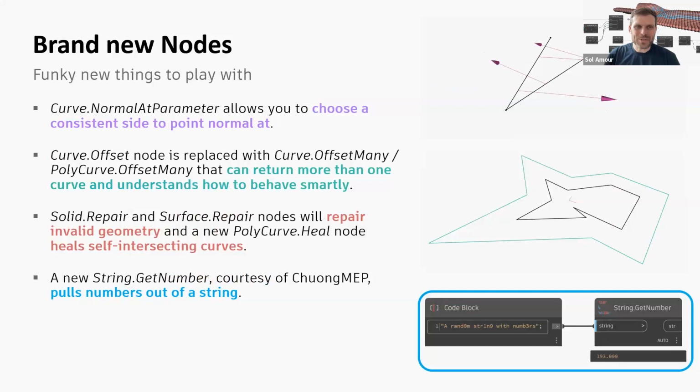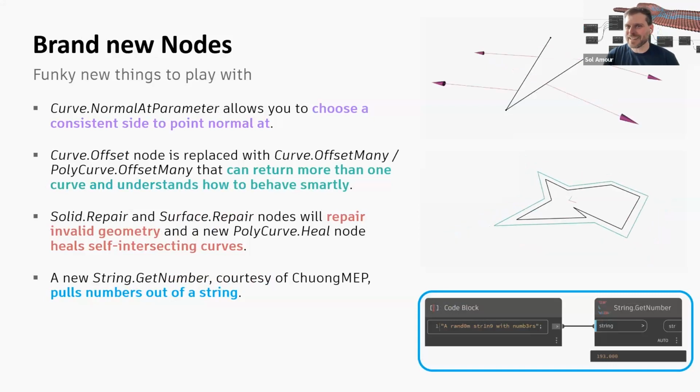Right. Okay. So we also have some funky new things to play with, in this case, some brand new nodes. Previously, the curve.normal parameter node took the inherent normal of a curve, which, if you know anything about geometry kernels, means that they just choose a side, because not knowing how something is generated is generally very difficult to understand start and end points and so on.